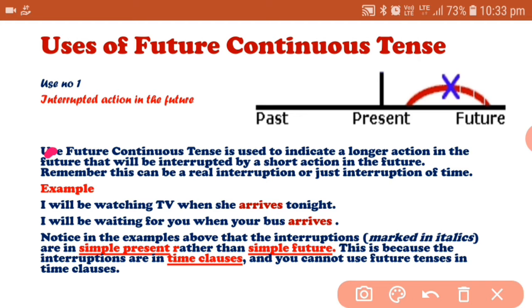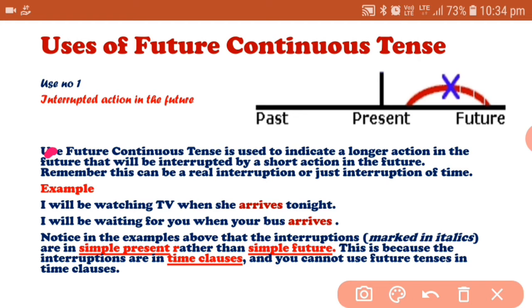What is the interruption action here? The arrival of her, because here she is used. That's why we can say the arrival of her is interrupting the task of watching TV.